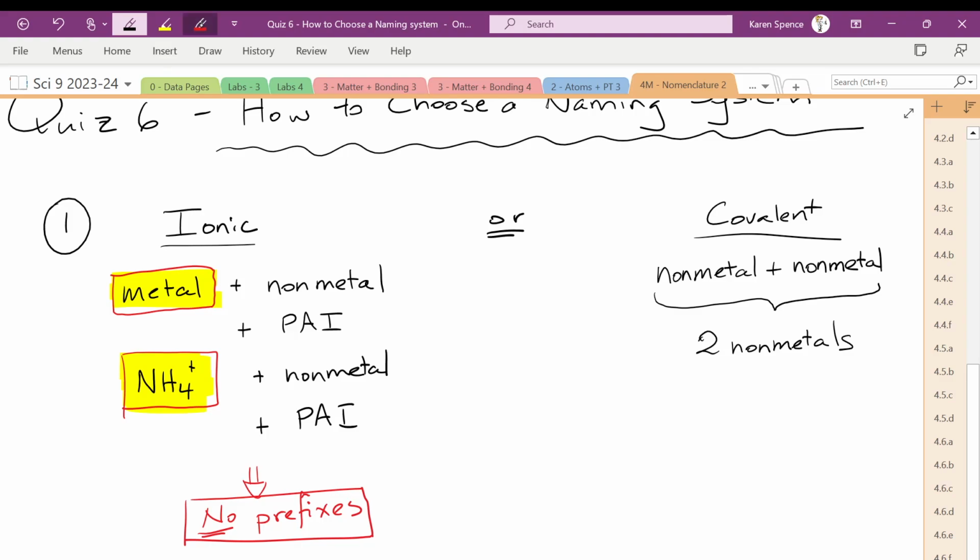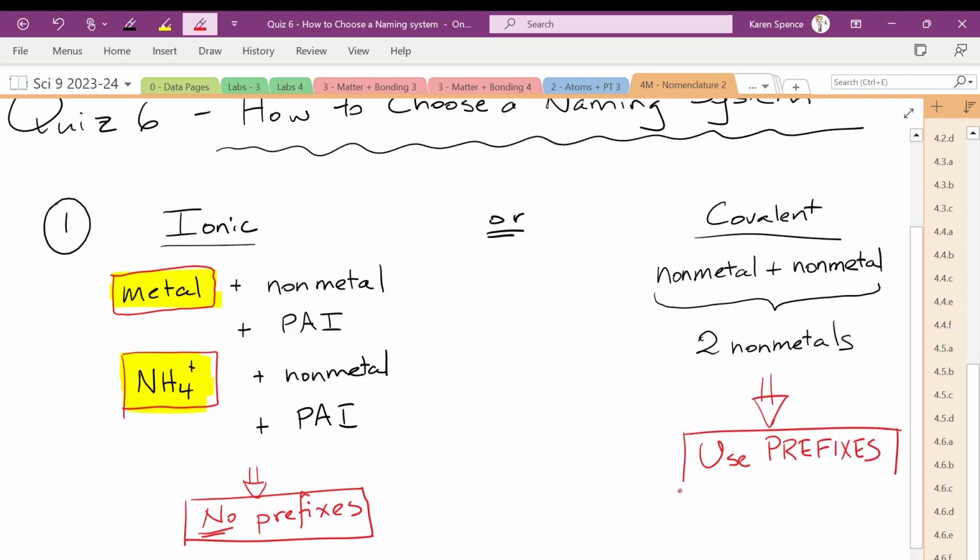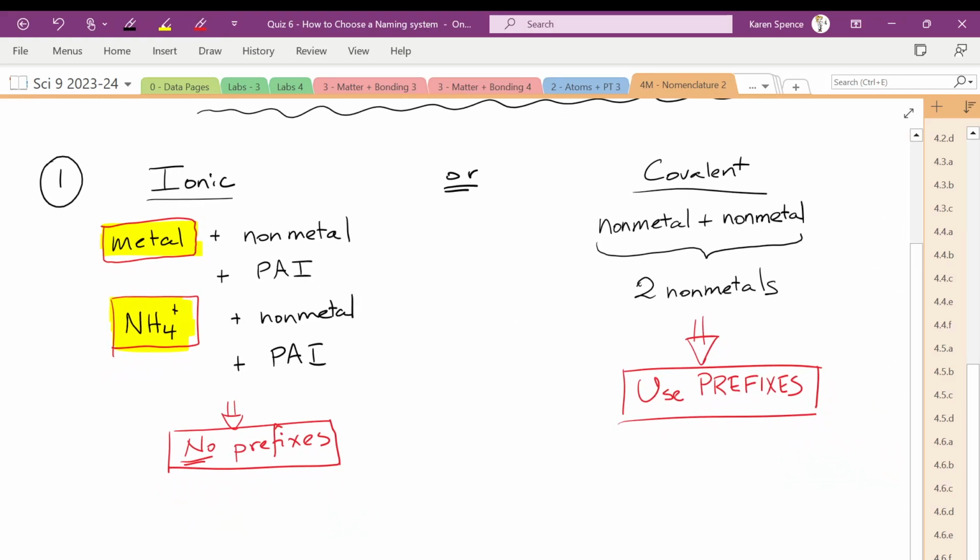And if it is covalent, what's the most important thing to know that you do? Prefixes. So those are the main categories.